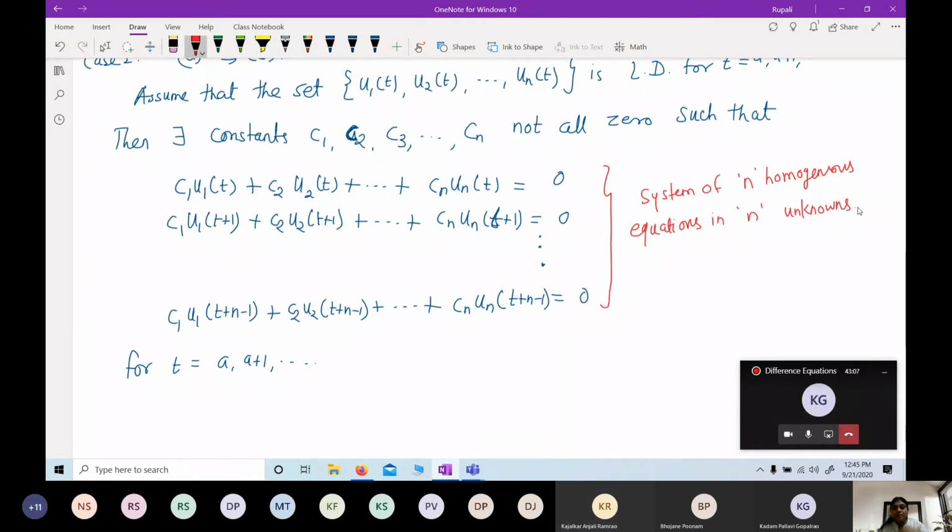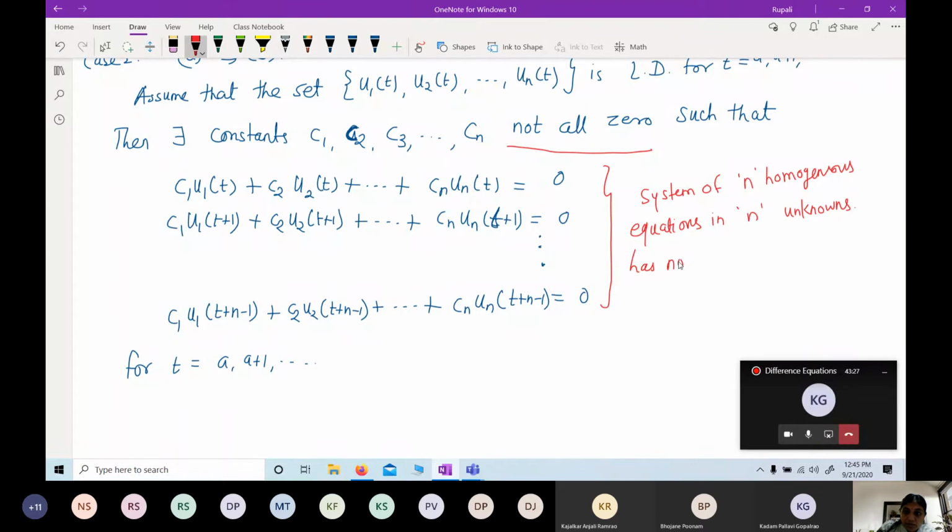Yes. And what is its solution? It has a non-trivial solution, right? So this system of n homogeneous equations in n unknowns has a non-trivial solution.